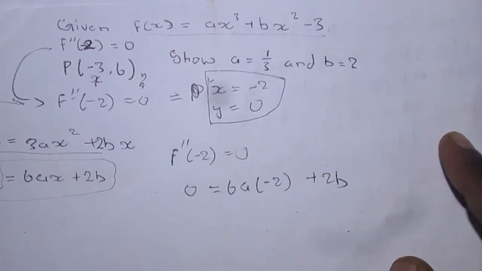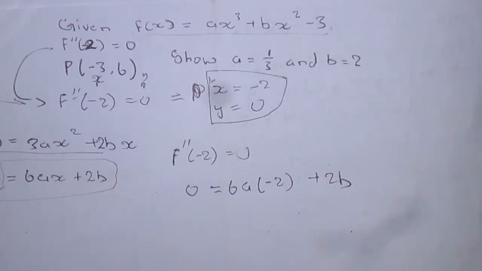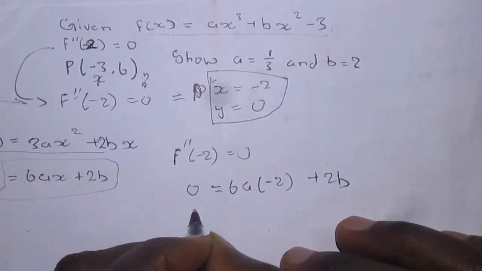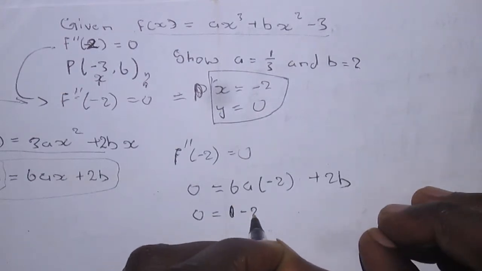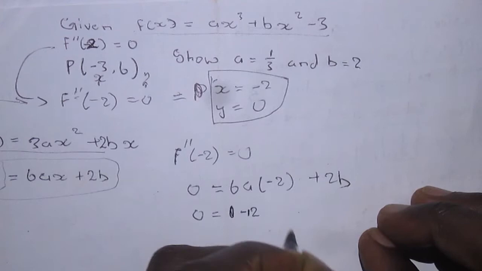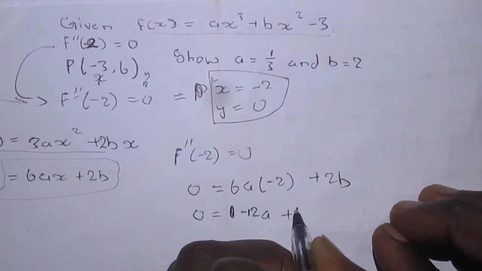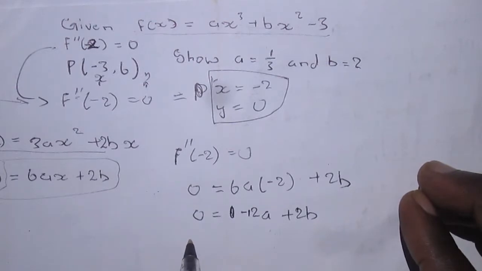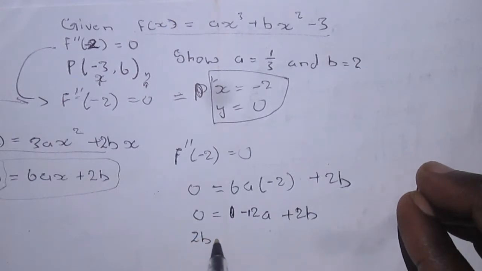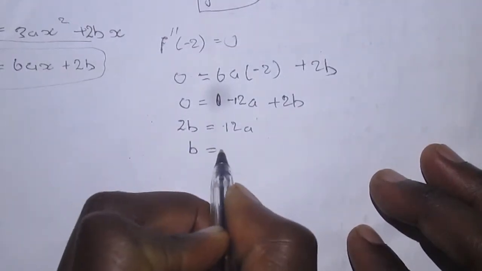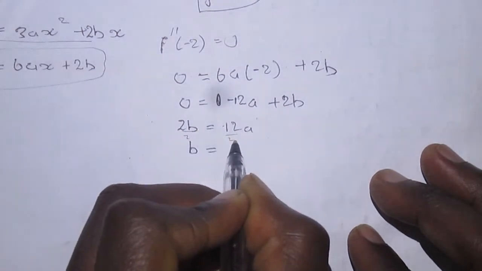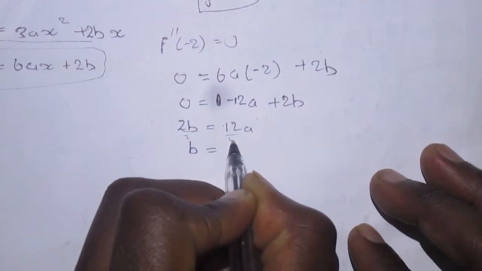Let me put it in a more reasonable manner. 0 is equal to -12a plus 2b, which I can just say 2b is equal to 12a, and then dividing by 2, b is equal to 6a.